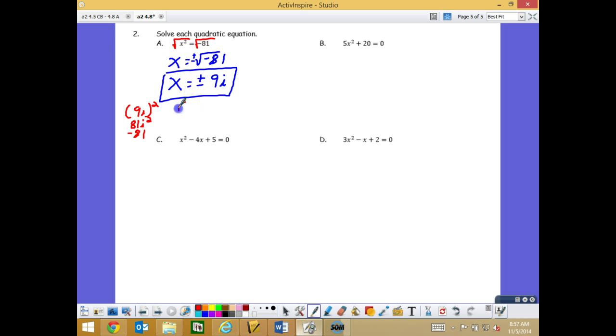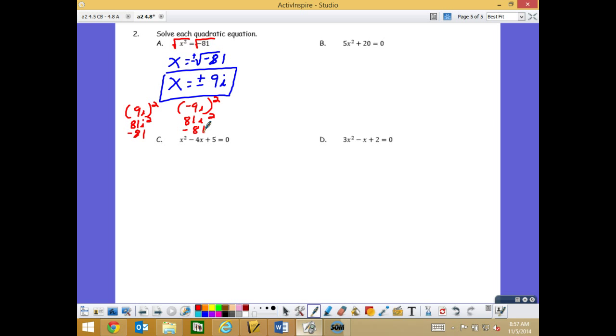If we do the same thing with negative 9i, negative 9 squared again is 81, but then we have that i squared again, so again we get negative 81. So they both work. Okay, so now we can find actual solutions to these quadratic equations. They're just going to have an i involved.